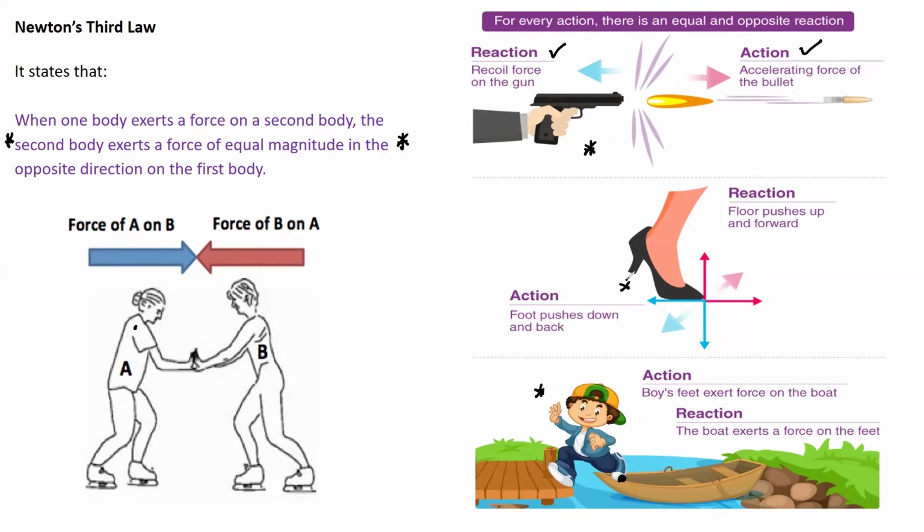Even when you're wearing your heels, this pointer will apply a force on the ground and the ground will apply an equal but opposite force on that particular shoe. That's Newton's third law. So in essence, these are the laws and how you must state them.